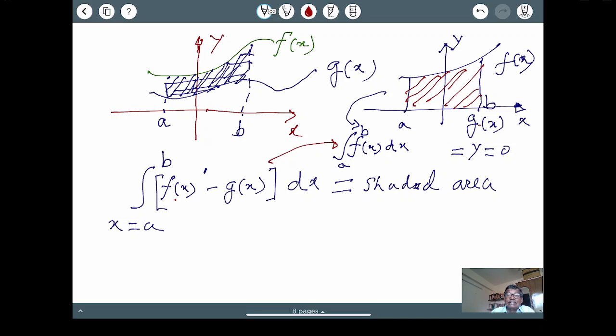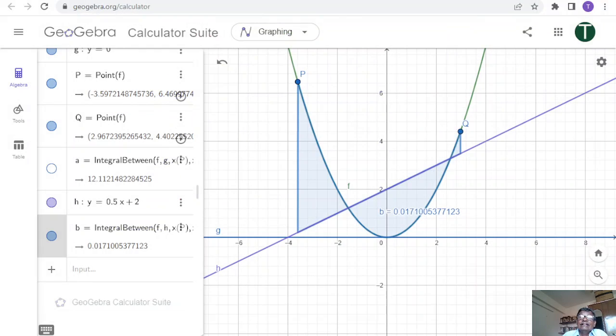This area is treated as positive because you have written f is greater than h, so it calculates f minus h.